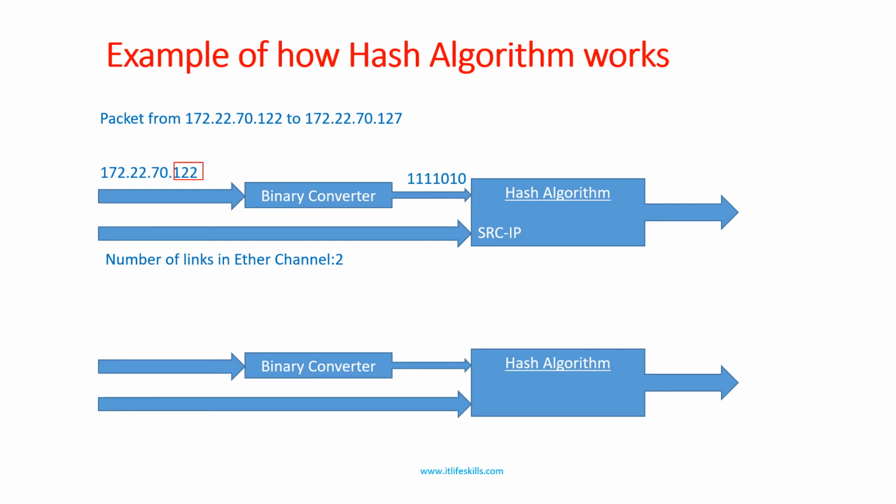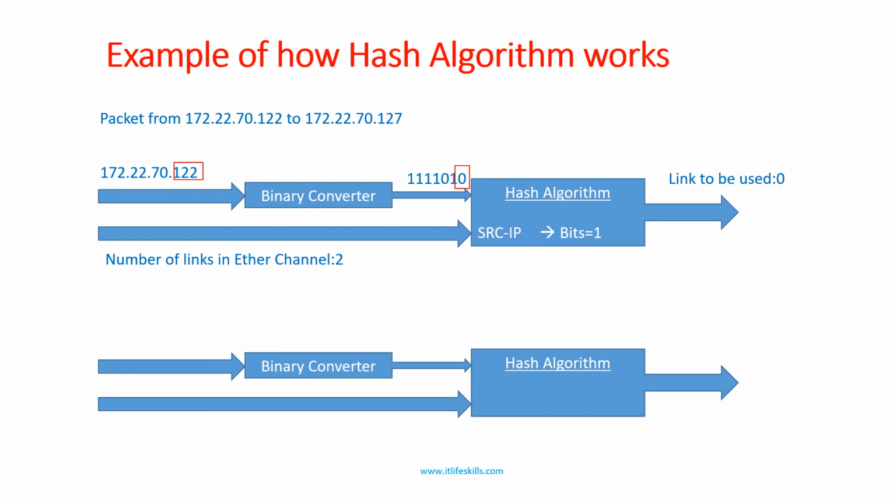The number of links in EtherChannel is 2, so it means 1 bit will be used and we use a bit operation. So we have this, and we know that link number 0 will be used.